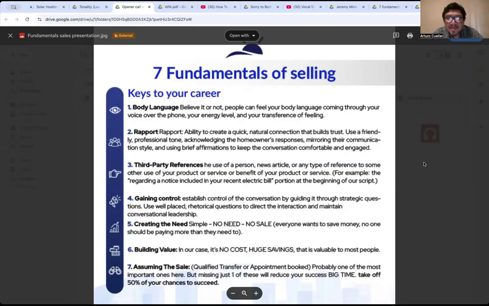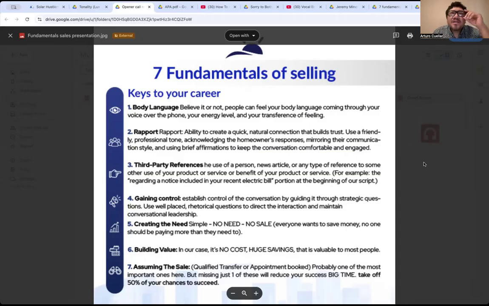Okay. Now, third-party references. Third-party references means when you use the name of a different company, maybe a government agency, or even a success story to build trust.